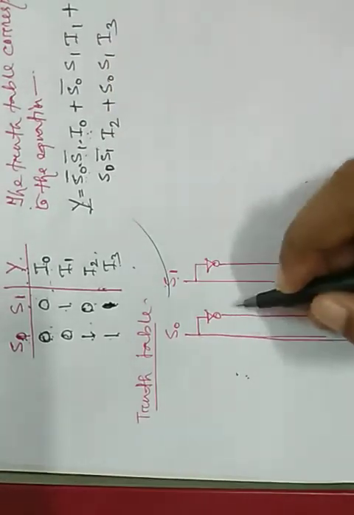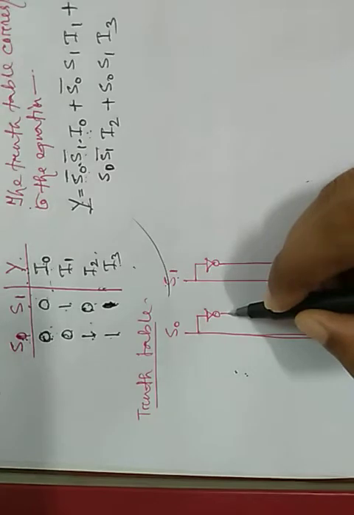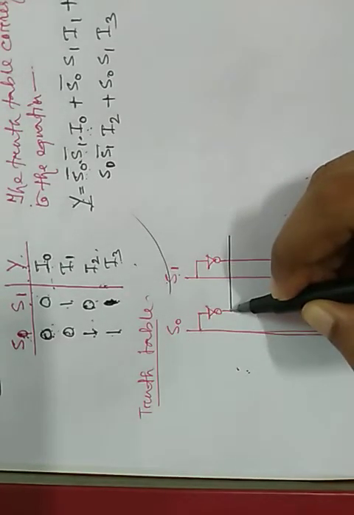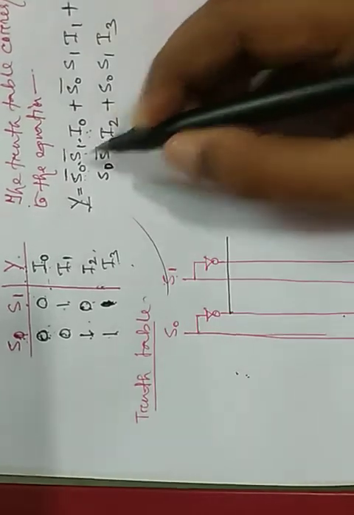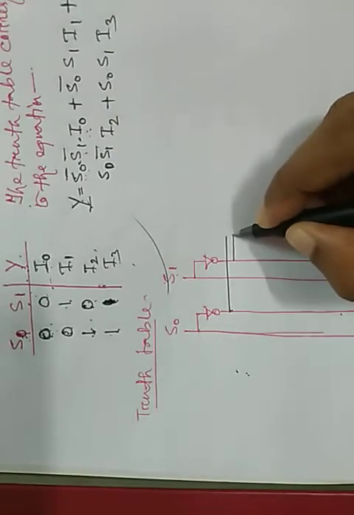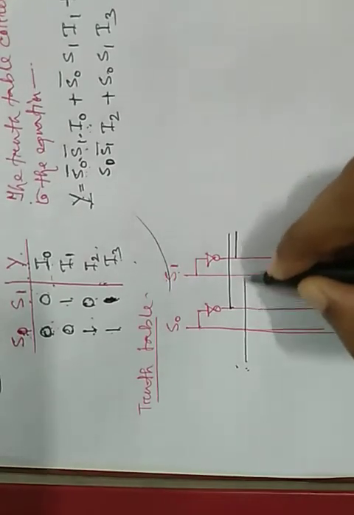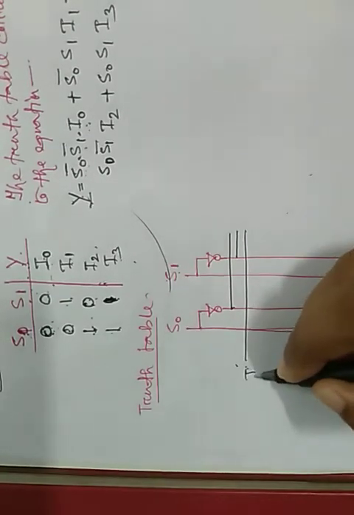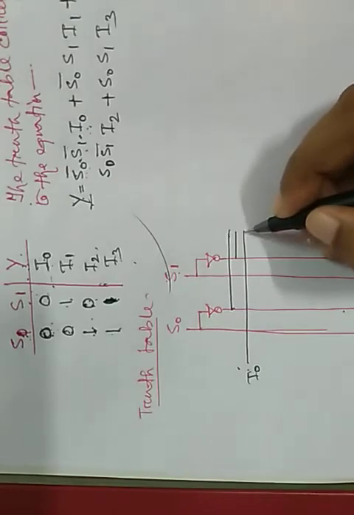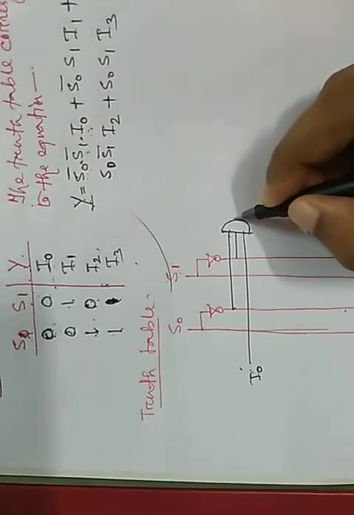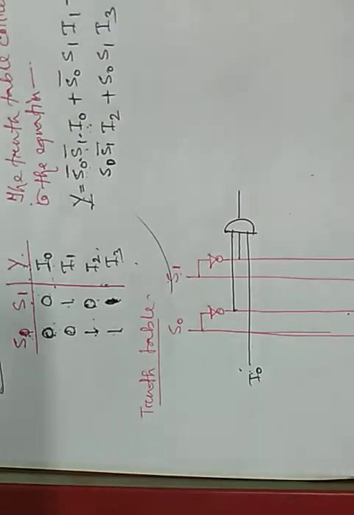S0 bar means S0 complement, S1 bar, and I0. AND operation of this. Clear?